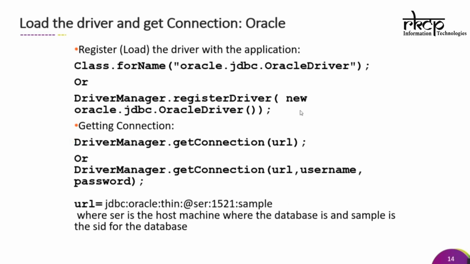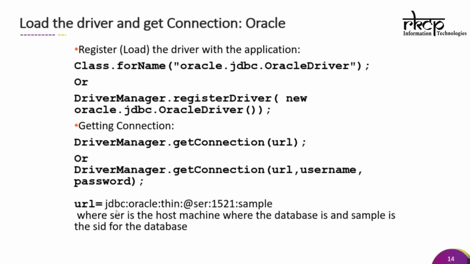I hope that is clear. In this example, I am using a connection with Oracle. Here I am writing Class.forName and passing the Oracle driver, oracle.jdbc.OracleDriver. Now to take a database connection, I am using DriverManager.getConnection and passing the URL, username and password.